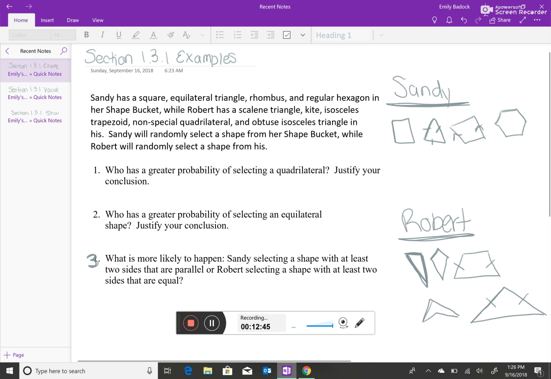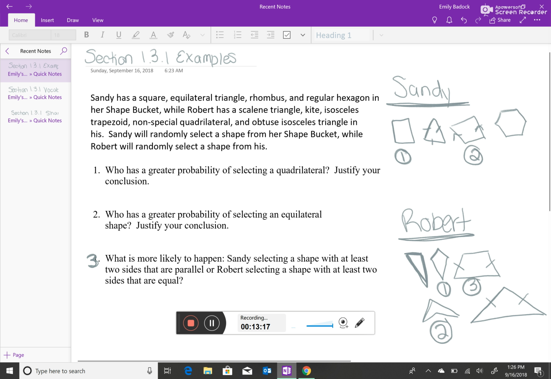So question number 1 says, who has a greater probability of selecting a quadrilateral? Justify your conclusion. Again, quadrilateral means that it has 4 sides. So Sandy has 1 and 2. That's it, because a triangle doesn't have 4 sides and a hexagon does not have 4 sides. And then Robert has 1, 2, 3.